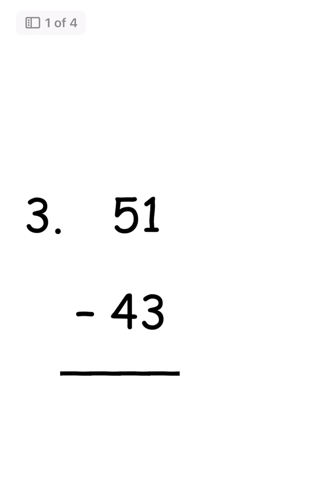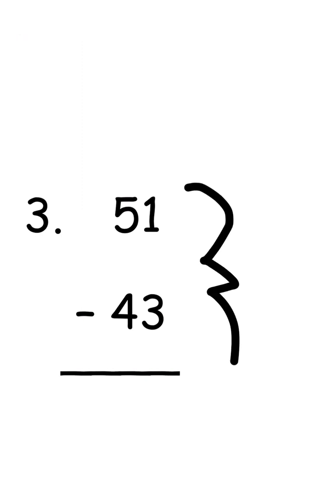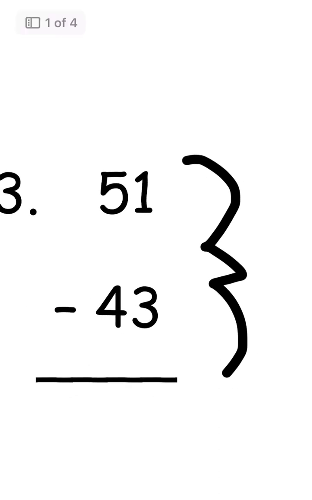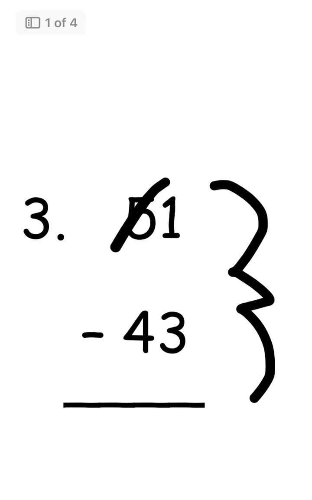This one shows how to regroup because it's 51 minus 43. Since 3 is larger than 1, we have to borrow from 5. So 5 becomes 4, and 1 becomes 11, right? Because we have to regroup it after borrowing.